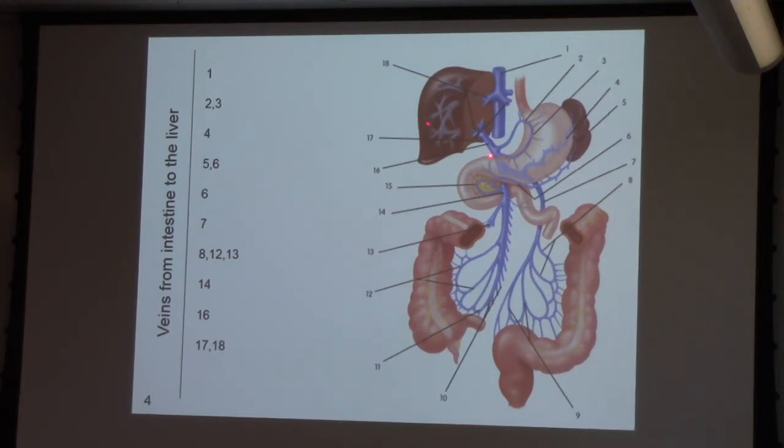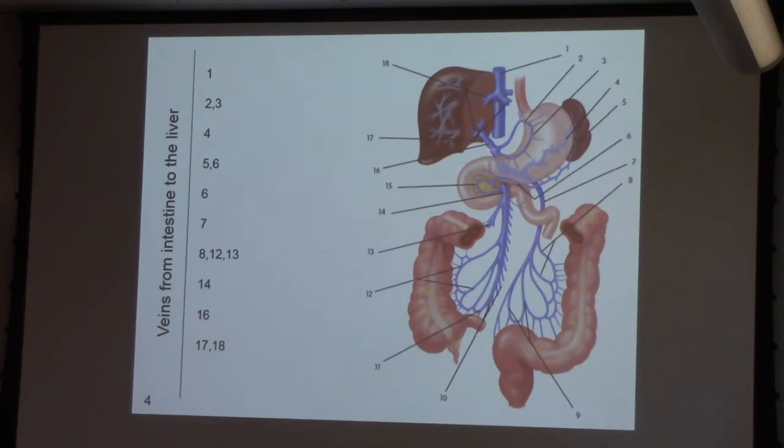Hepatic vein? No, that's not the hepatic vein. Okay, never mind. The inferior vena cava. Hold the laser on it and let me see if you got it right. That is the inferior vena cava. This vertical tube here is the inferior vena cava. Is that the portal vein?